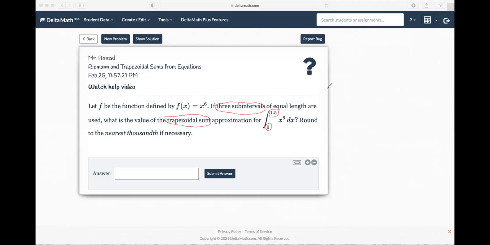Okay, so like before, I like to always find what my width is. So I'm going to do 1.5 minus 0 over 3. So my width is 0.5.